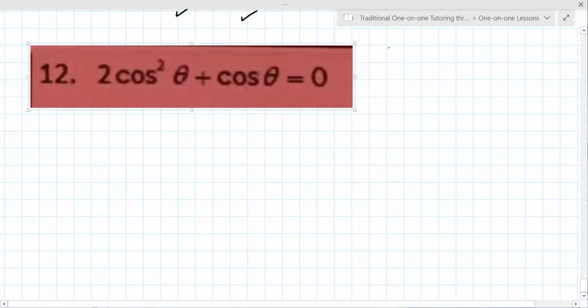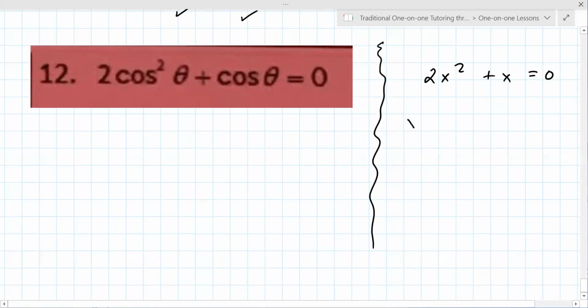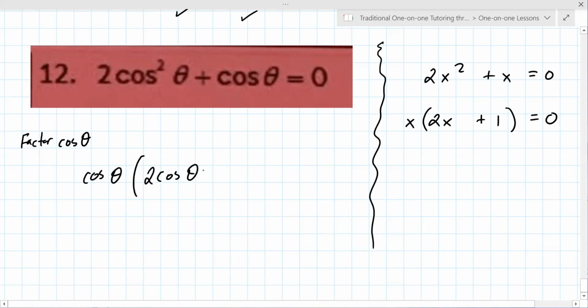Okay, so I was just showing you some problems earlier, where it's like, this is the analogous problem. How would you solve this on the right? You might think for a while and say, oh, I can factor an x out. Well, here you can factor a cosine out. So you get cosine theta times 2 cosine theta plus 1 equals 0.